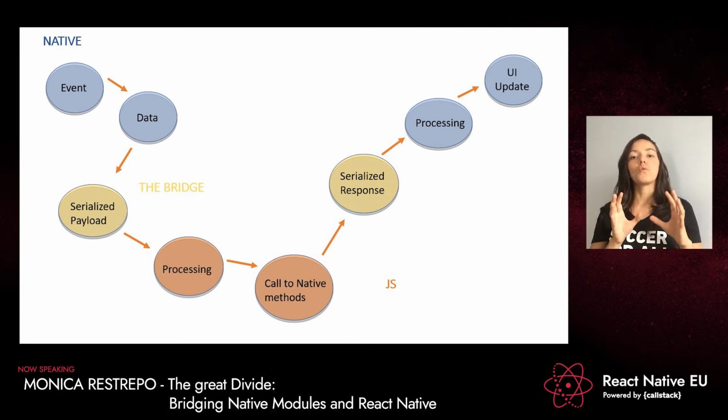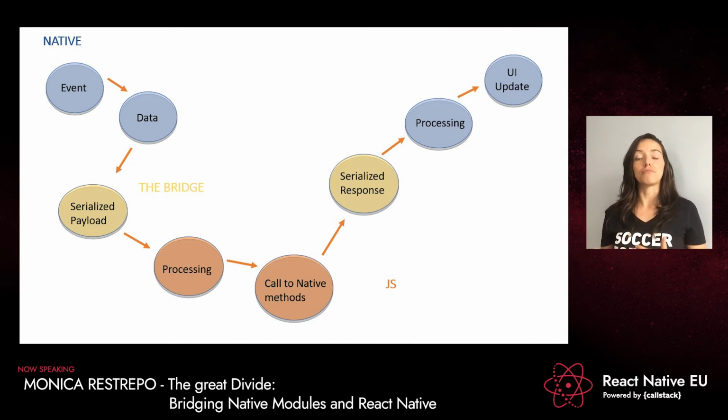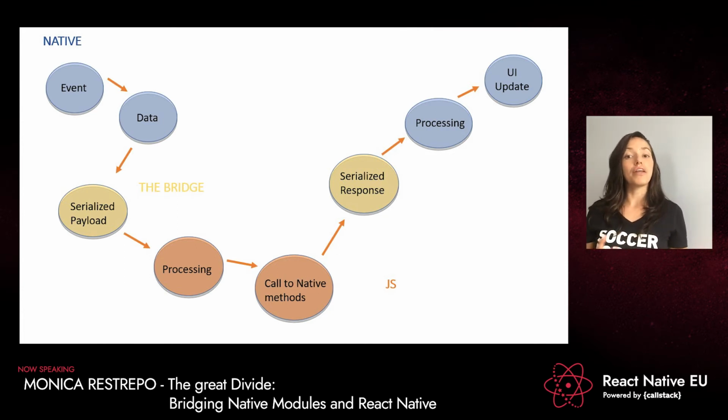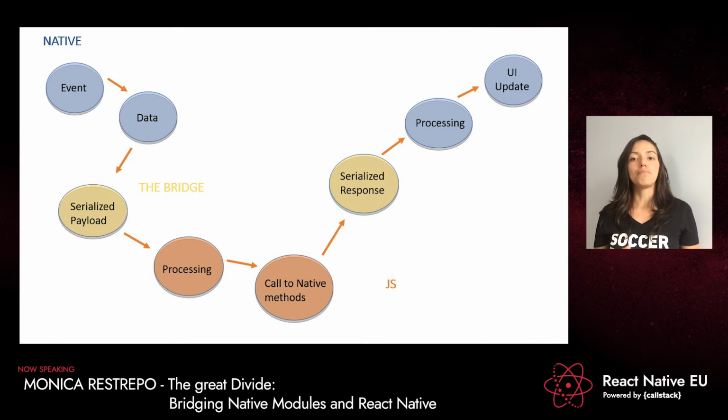Okay, so these events initialize, then a data collection of those events and any parameters associated with them also happens, so they can be notified to the JavaScript side. Once these messages or notifications are ready to go, the bridge serializes this payload and passes it to JavaScript so it can be processed there.